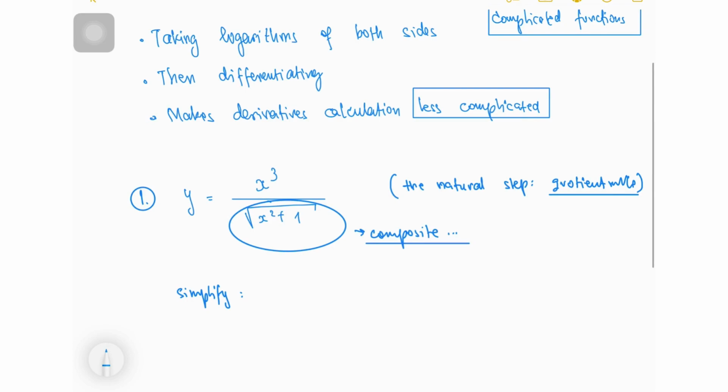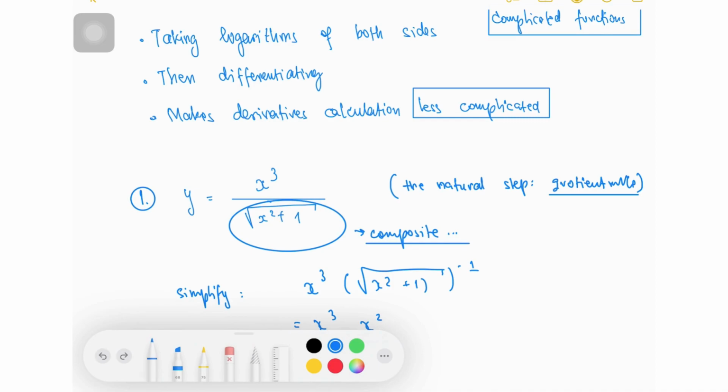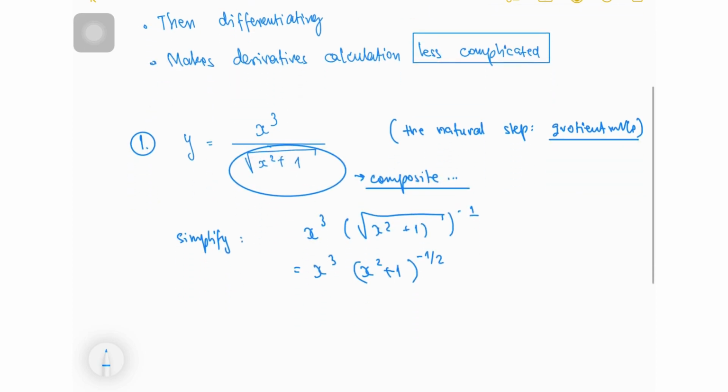and that is, we can write it as x to the power 3 and then square root of x squared plus 1 to the power negative 1, and that we can write as x cubed times x squared plus 1 in the brackets, to the power negative 1 over 2.